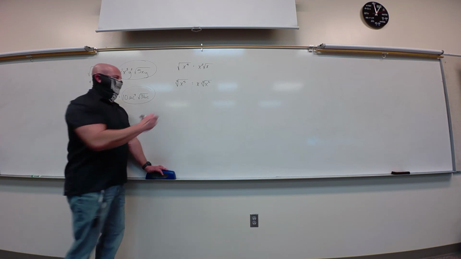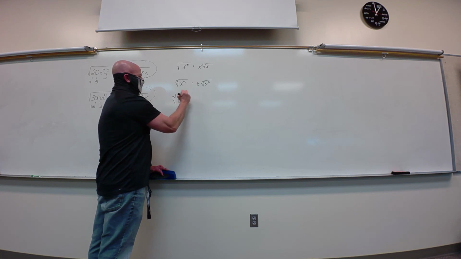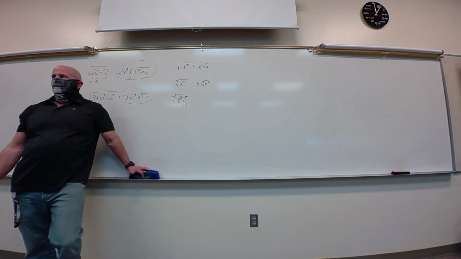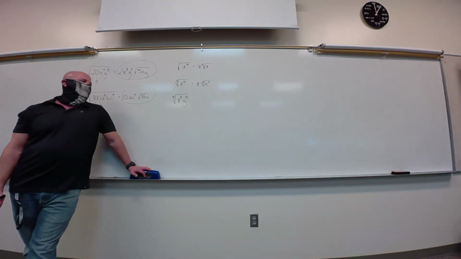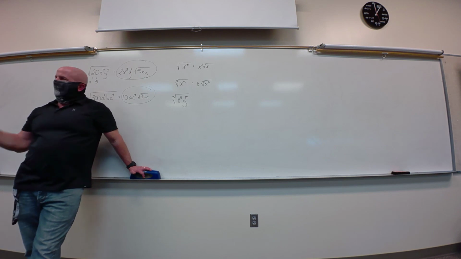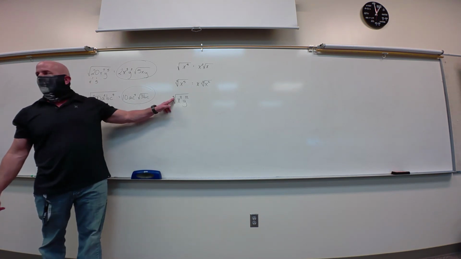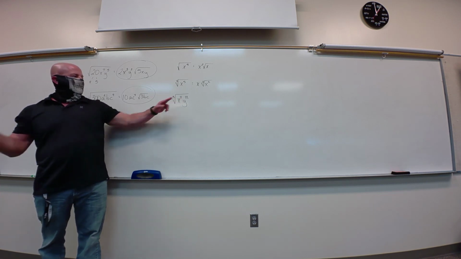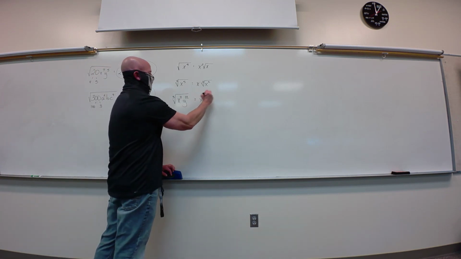So let's add another letter. We got x and y. We're going to take care of x, finish that, then I'll take care of y. So I'm looking for groups of 3. So 3 will go into 11 3 times. x cubed.